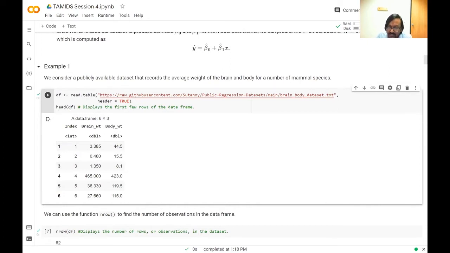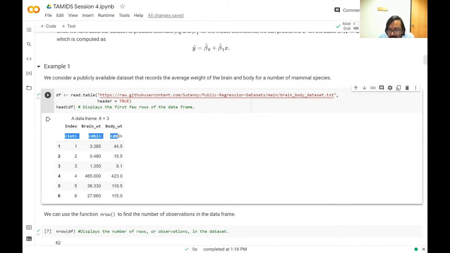The head function just displays the first few rows, which helps us understand what the data set looks like. As you can see, the variable df that stores the data set is a data frame, and it has 3 columns. The first is the index, which is like the mammal number, the second column has the brain weights, and the third column has the body weights.